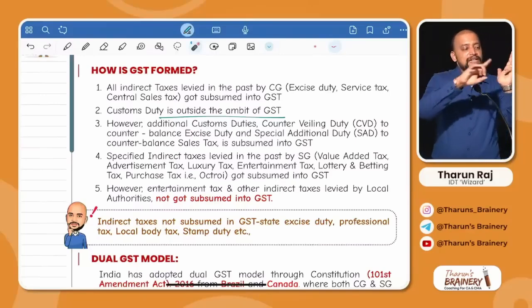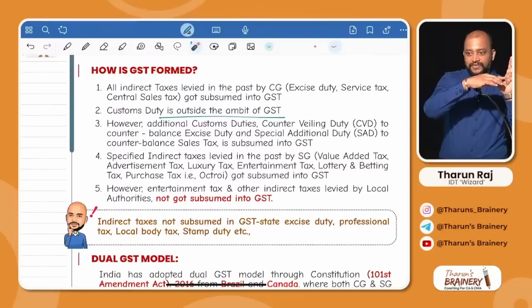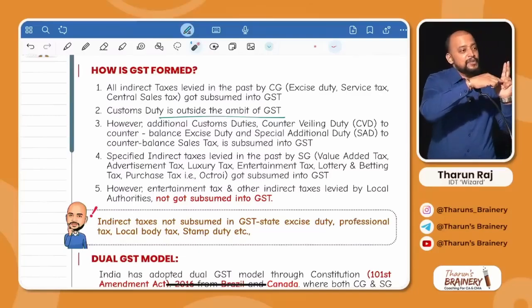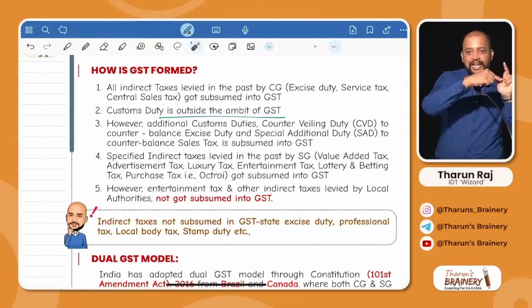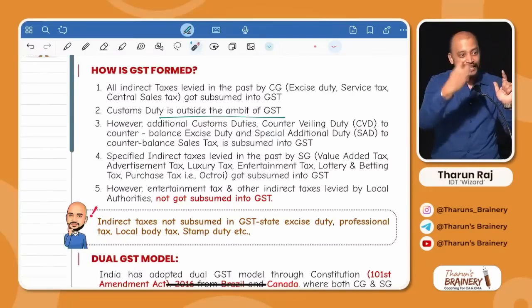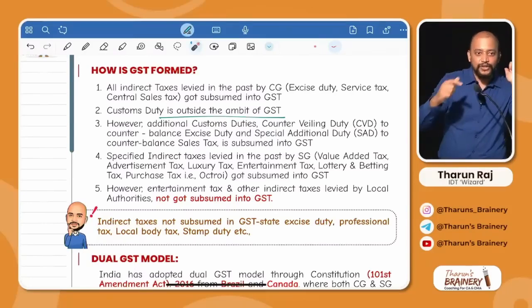Entertainment tax. You remember easily: value added tax, then entertainment tax. First entertainment. For entertainment, what is required? Advertisement is required, correct? So advertisement tax. Then is this a luxury or a necessity? Luxury. So luxury tax. You got it?